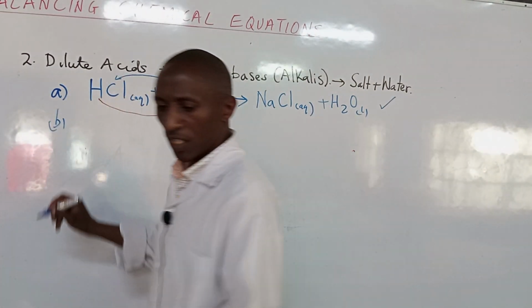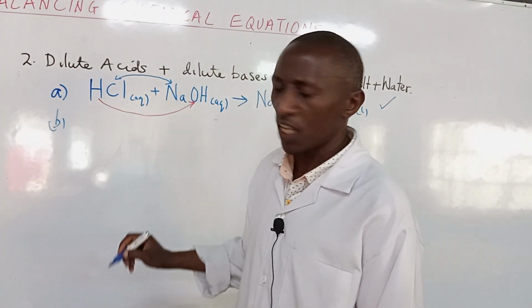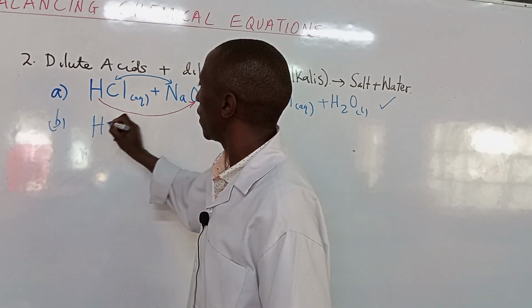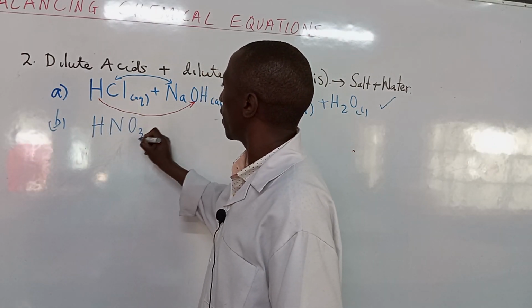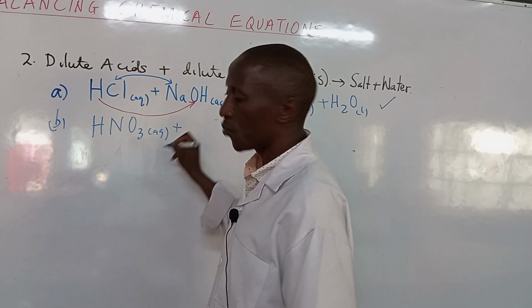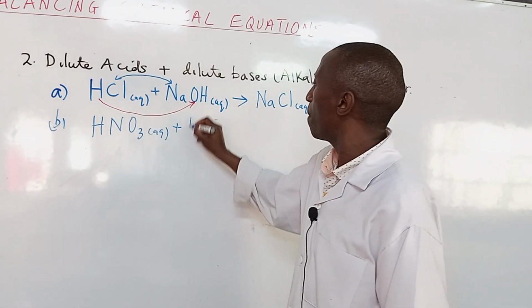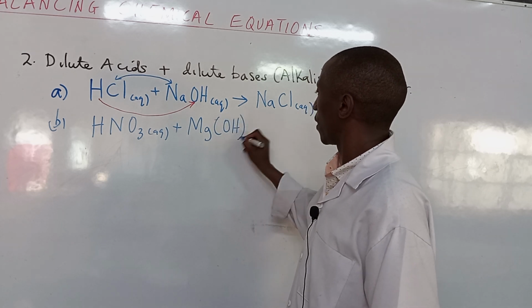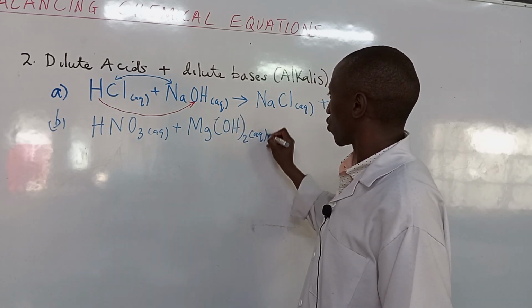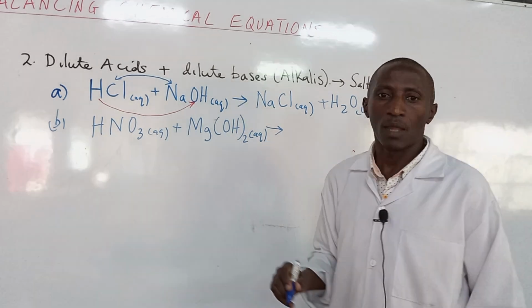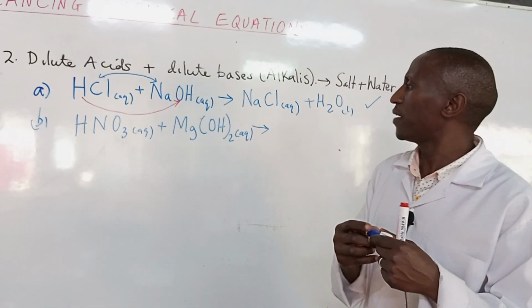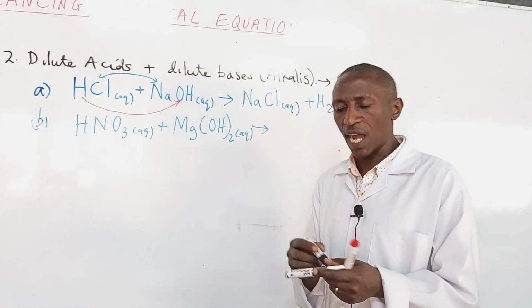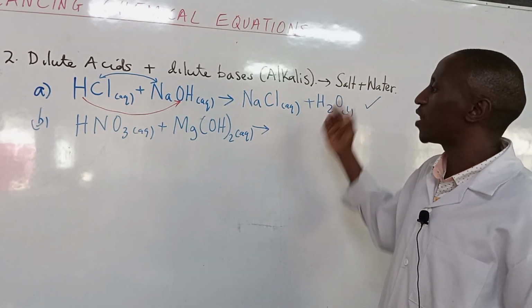Number B, let's look at the case of nitric acid. Nitric acid, which is soluble, reacting with magnesium hydroxide. Magnesium hydroxide. We take it as soluble here. Now, you find that the product, as we had said here, will be the salt.